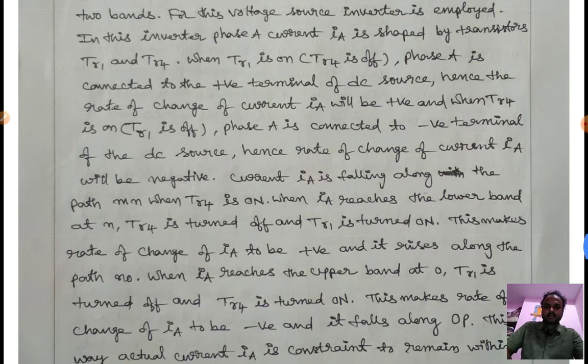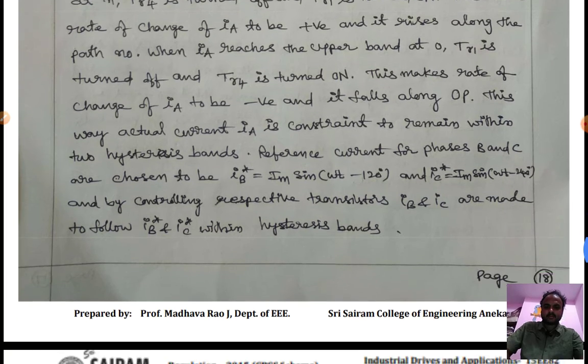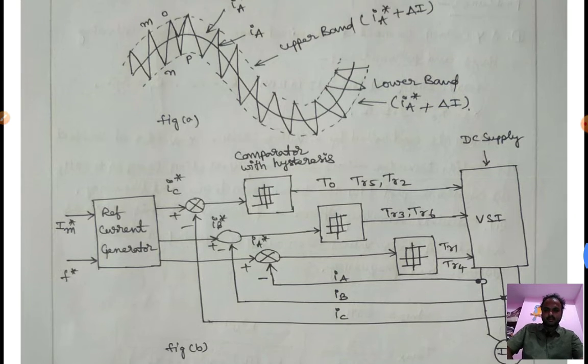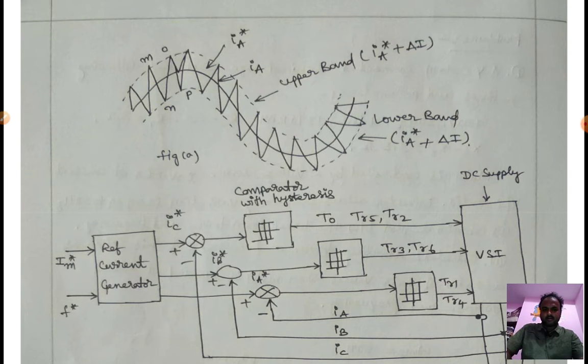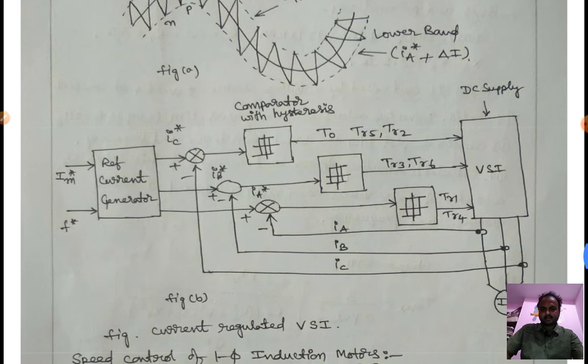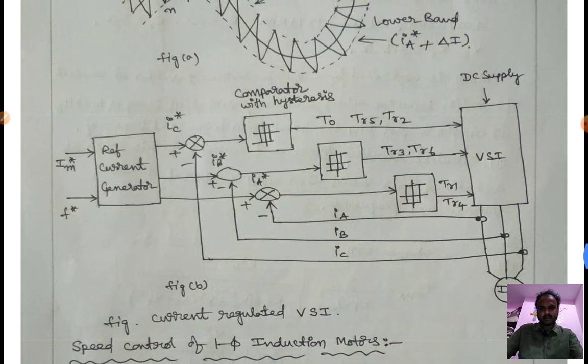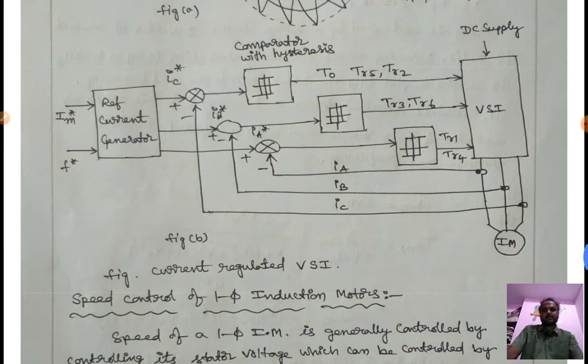Here we are using thyristors in the block diagram, A and B. Figure A is the current reference generator, and figure B represents the current regulated VSI. Here we are using the reference current generator and comparator with hysteresis, the DC supply, VSI and induction motor.